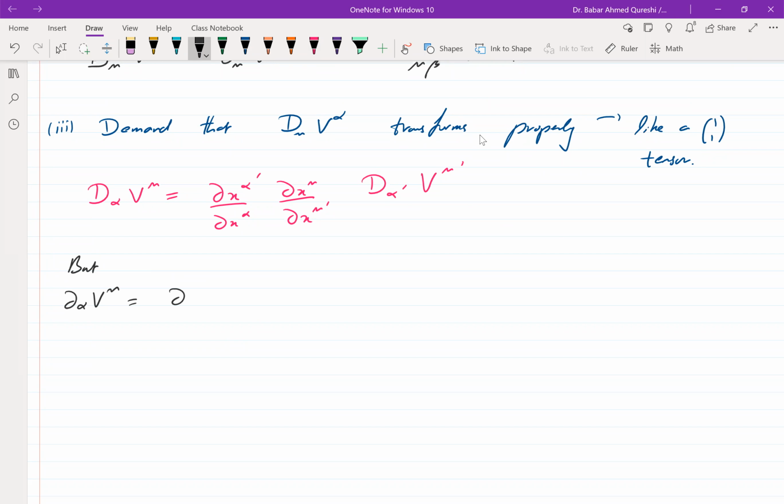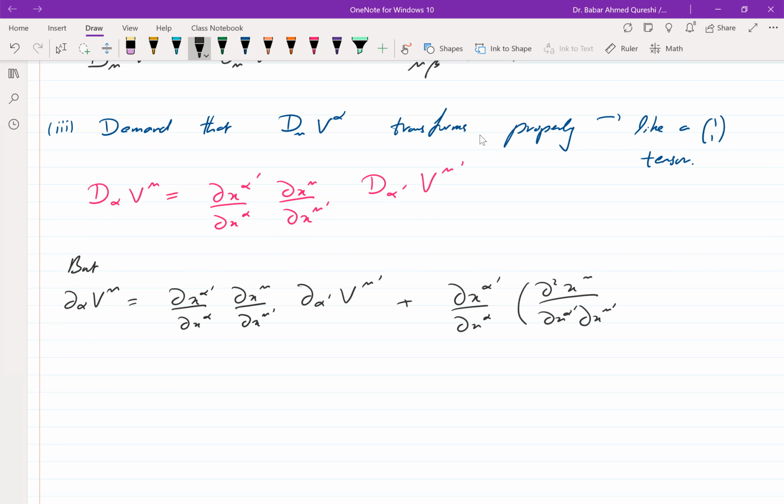This we know goes like this, mu dash, plus it has this non-homogeneous term. Something like this. So we don't want this. So we can cancel it against this if we demand a proper transformation of this.